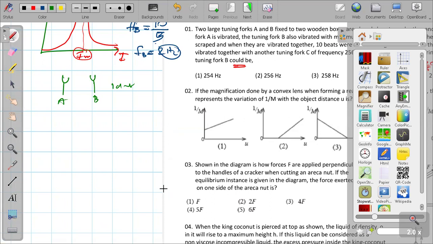Hello. This is the frequency of tuning fork A oscillating with tuning fork B, and tuning fork A is having such a square.